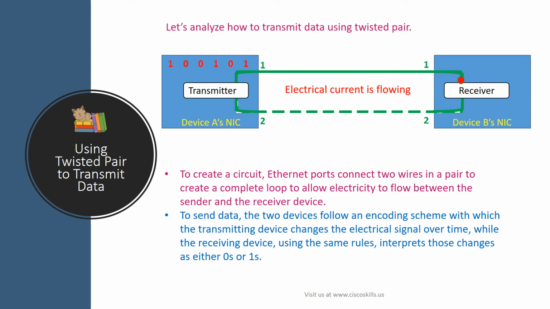Now, to send the data, the two devices follow an encoding scheme with which the transmitting device changes the electrical signal over time, while the receiving device uses the same rules to interpret those changes as either 0 or 1. That's how the data is transferred between the two devices using the twisted pair.